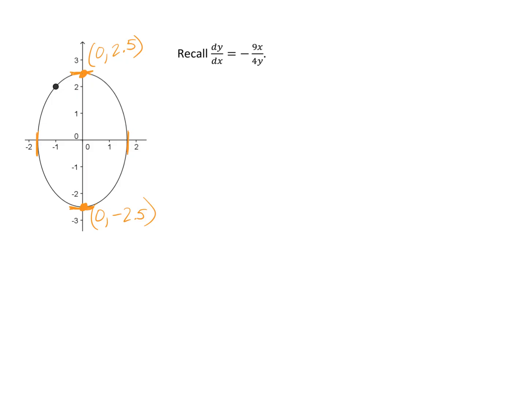Okay, now I'm going to look for the locations of these vertical tangent lines. Vertical tangent lines have an undefined slope. So I'm looking for places where dy dx is undefined. Negative 9x over 4y would be undefined when the denominator is 0, when 4y equals 0, or when y equals 0. I already knew that: this point is something comma 0, and this point is left comma 0.